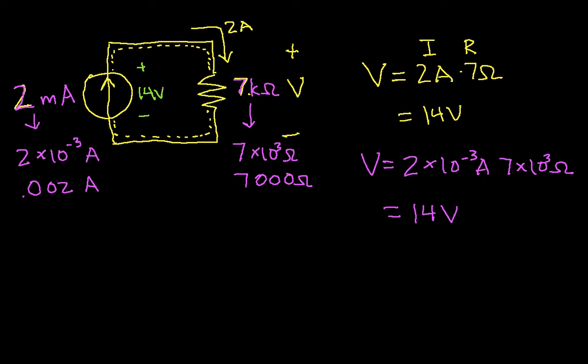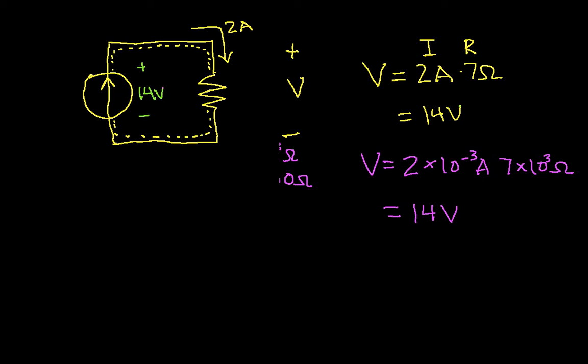Okay, so let's do one more example with this circuit. Tidy up after ourselves first. And for fun, let's suppose now that we need to probably get rid of this voltage here too, because there's no guarantee that when we change values we'll still have 14 volts.